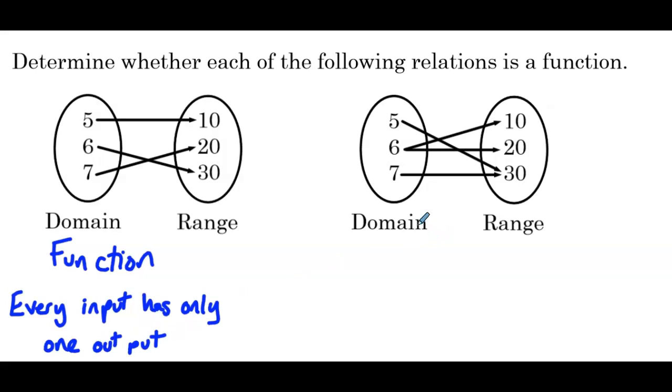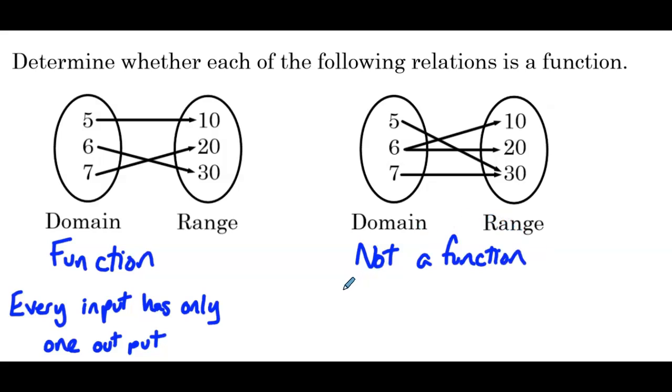Looking at our next mapping, input 5, output 30. Input 6, output 10 and 20. So we can stop right there. Input one number, 6. We output 2 different numbers, 10 and 20. So this is not a function.